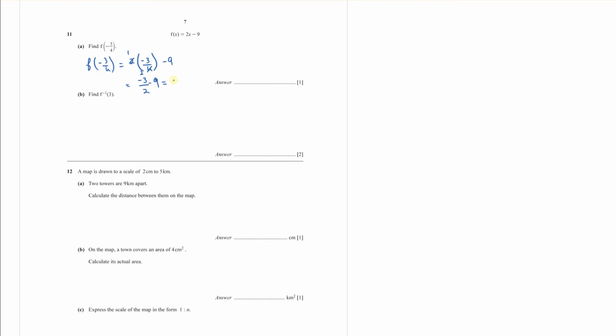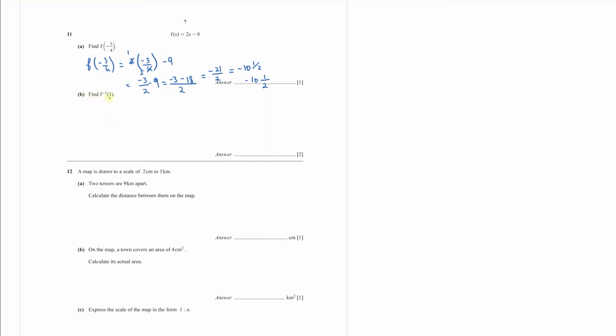And then if I take the LCM, which is 2, I get -3 and -18, which gives me minus 21 by 2. And then I can write it as minus 10 whole 1 by 2 or minus 10.5 as well. So your final answer would be minus 10 1 by 2.